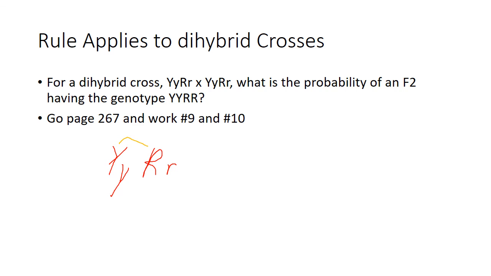You get the first two, which gives us one egg with big Y, big R. You do the outer, or first, outer, inner, last. So outer two, a big Y and a little r.